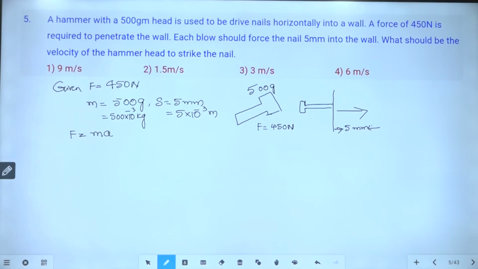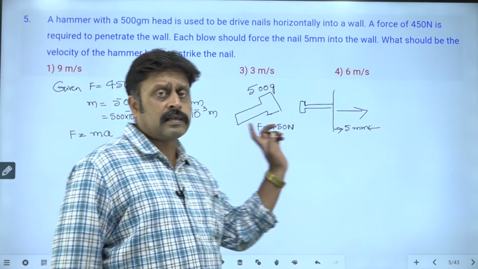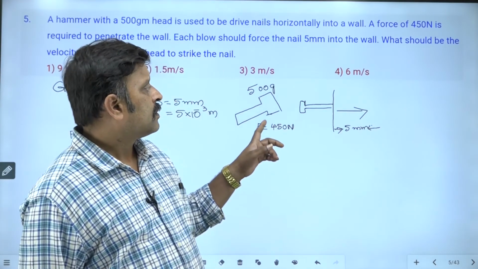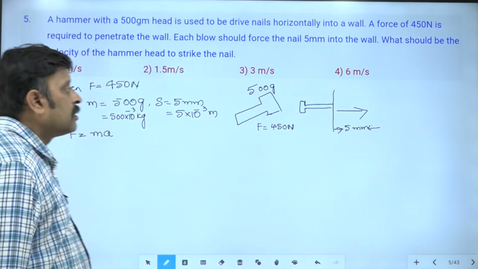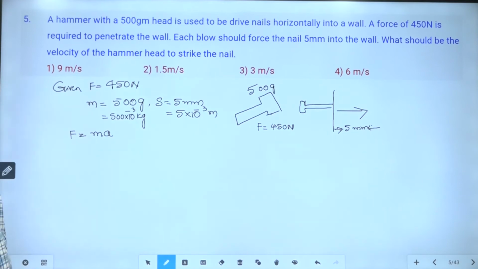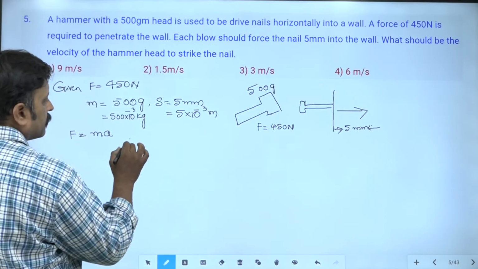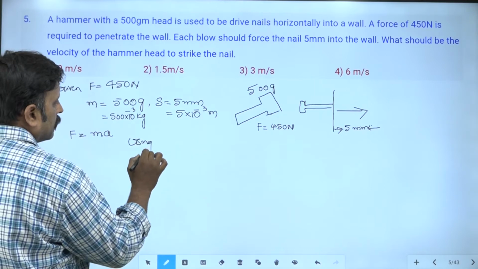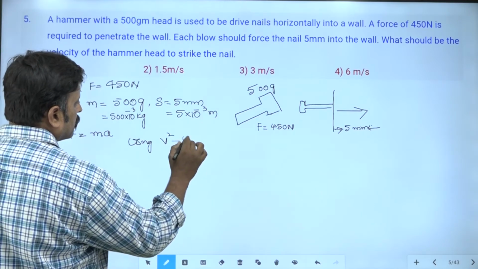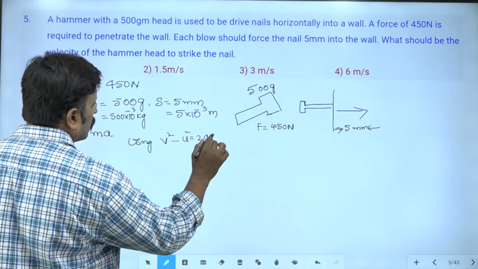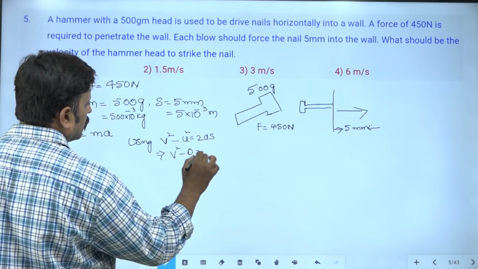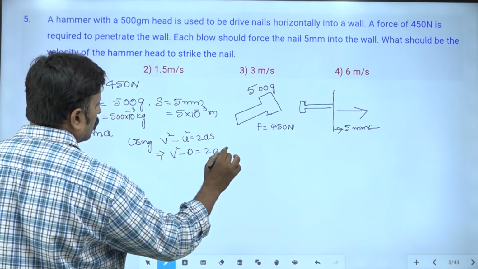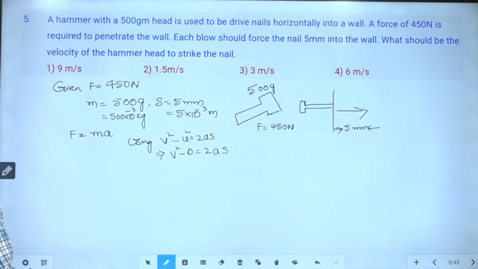You are asked to calculate the velocity of the hammer. See, when this hammer is hitting the nail, initially the nail is at rest. Now, using the third equation of motion, v square minus u square is equal to 2as. V square minus 0 is equal to 2 a into s.